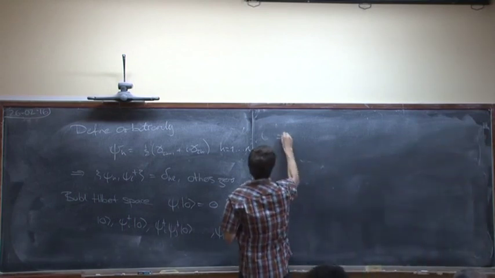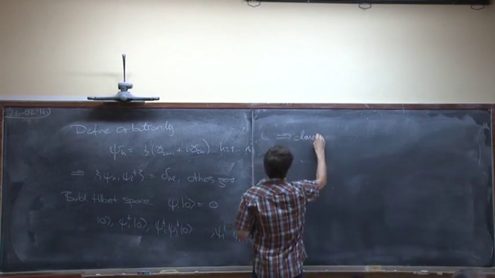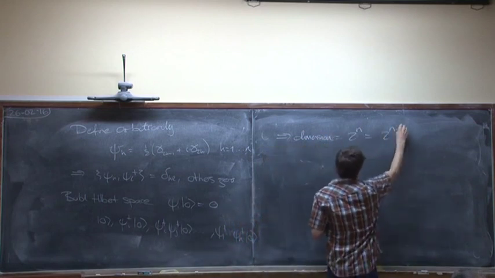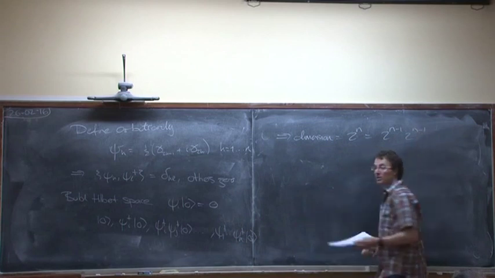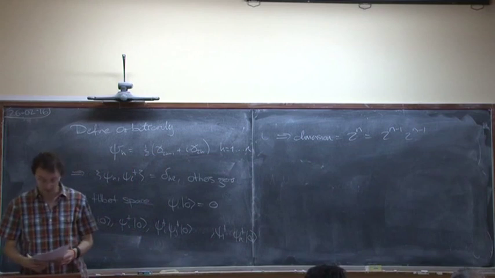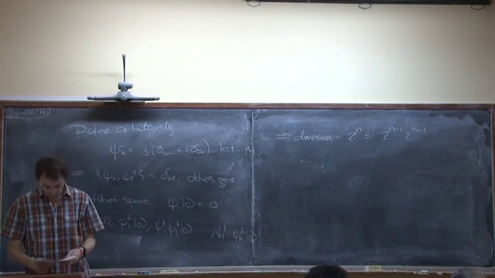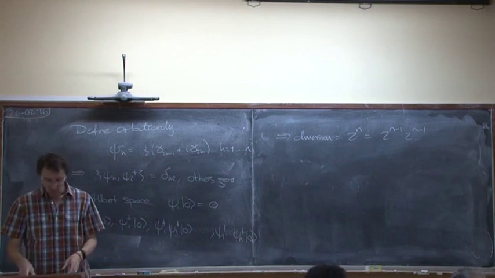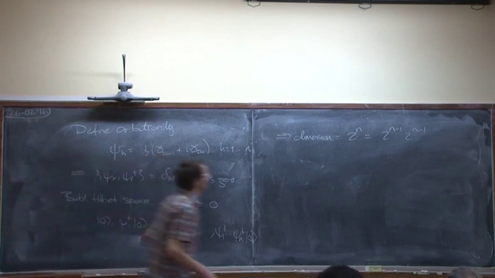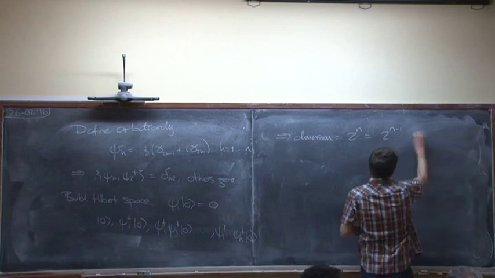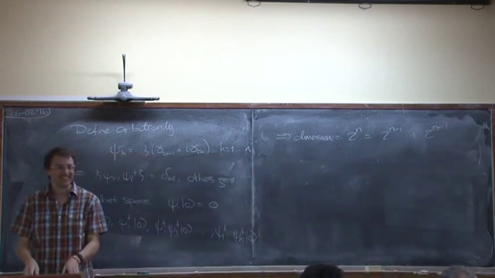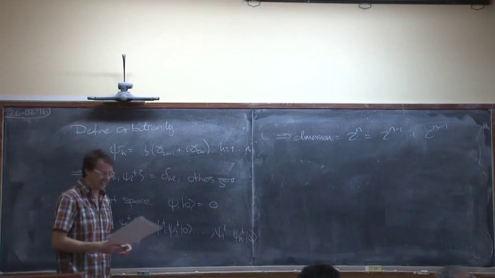Which means the dimension is 2 to the power n, which is 2 to the n minus 1 times 2 to the n minus 1. Okay. Which, as you pointed out, is twice as many as the dimension before.